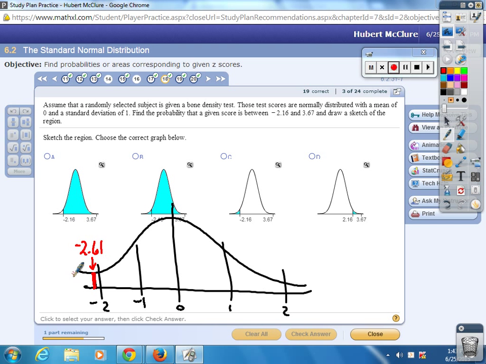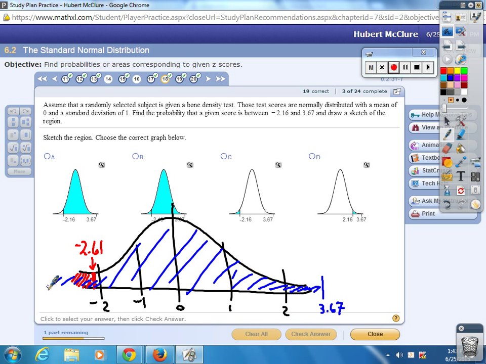And the area the table is going to give us is right there. The other one's 3 point what? 3.67. I'll do it in blue. And that area is right there.